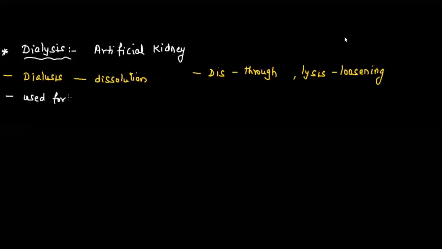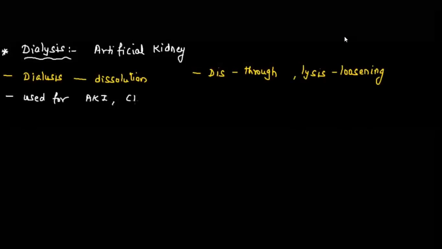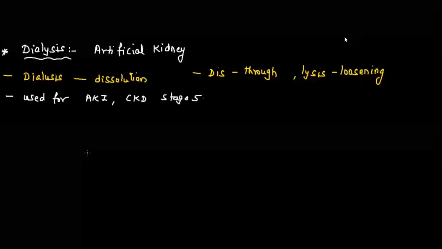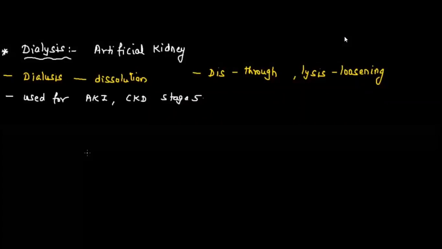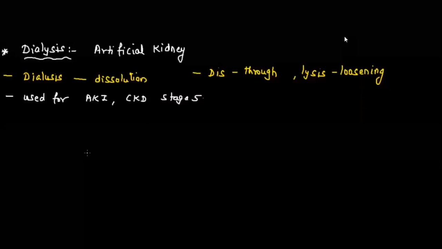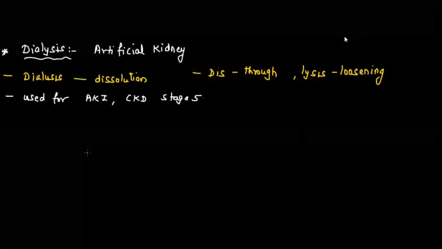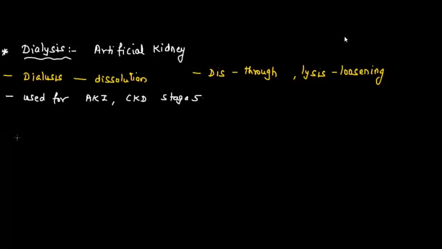It is also called a hemodialyzer because the blood is entering here and dialysis is going to take place. It is used for AKI or CKD stage 5. The person who is suffering from acute kidney injury or chronic kidney disorder and has reached the fifth stage of kidney failure has to undergo dialysis because there is no alternative left for him.